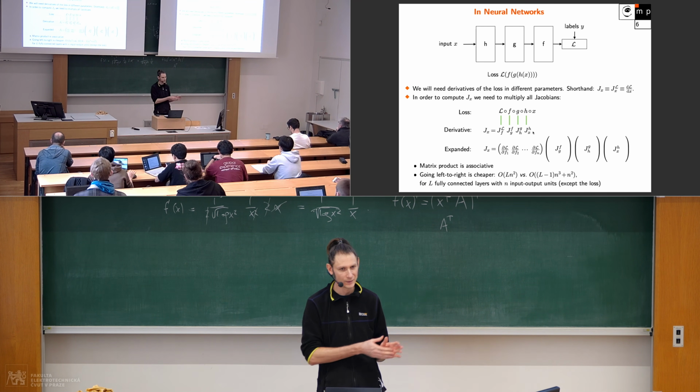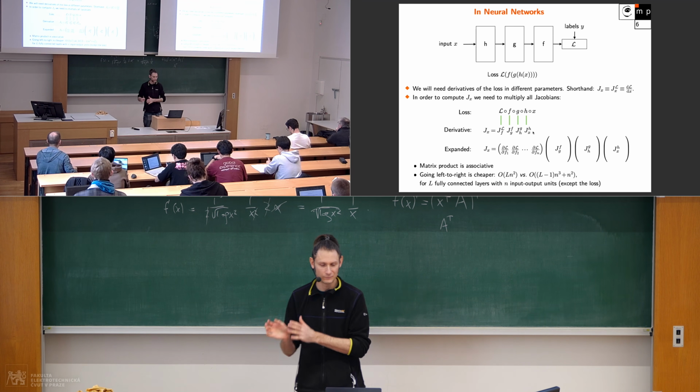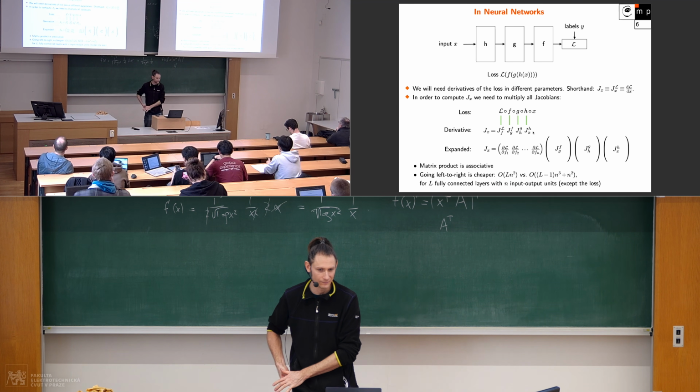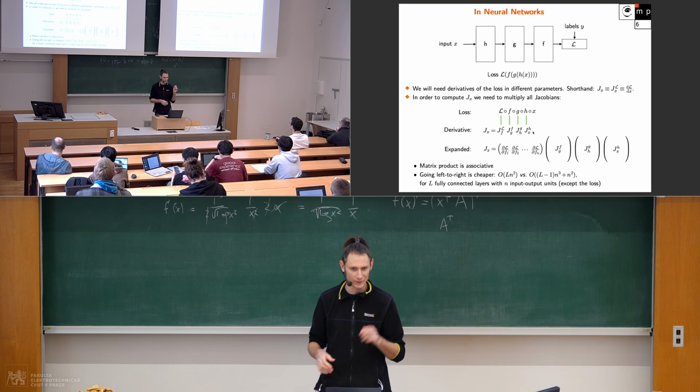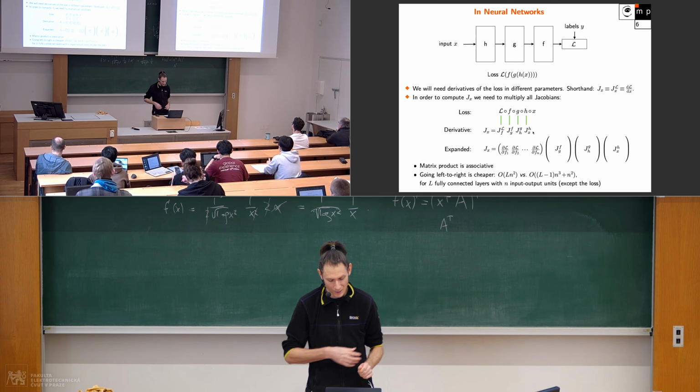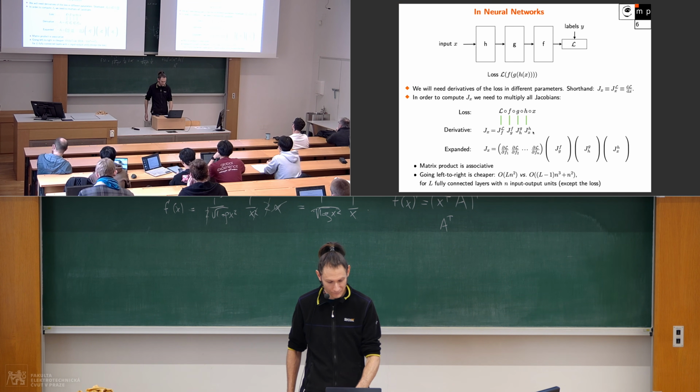Okay, so our loss function is a scalar value. It's not a vector function anymore. Our loss function is some number that we're going to optimize, and its derivative is a row vector like this.